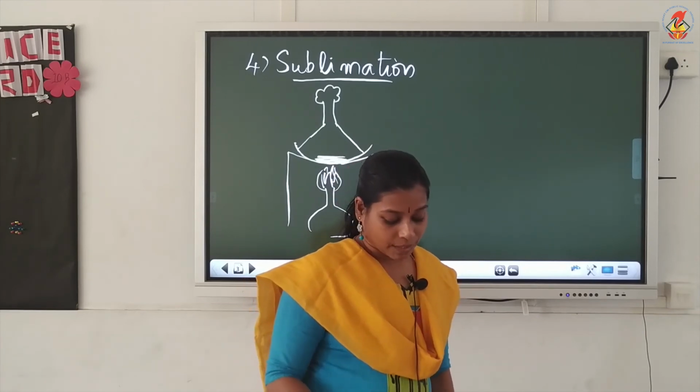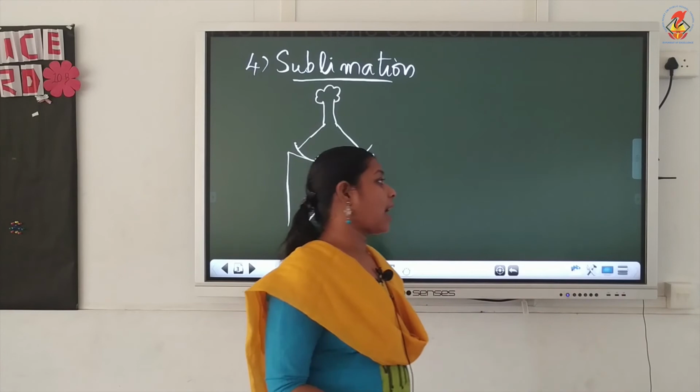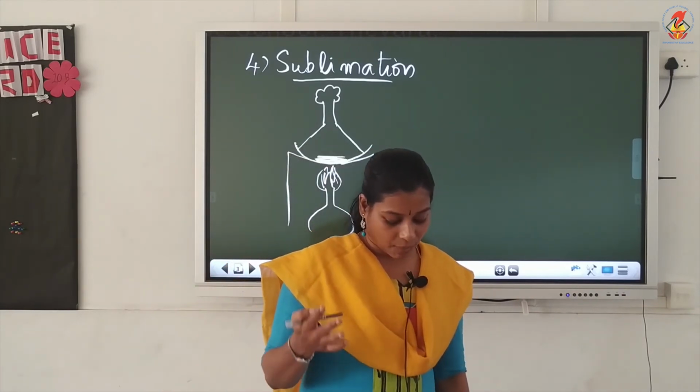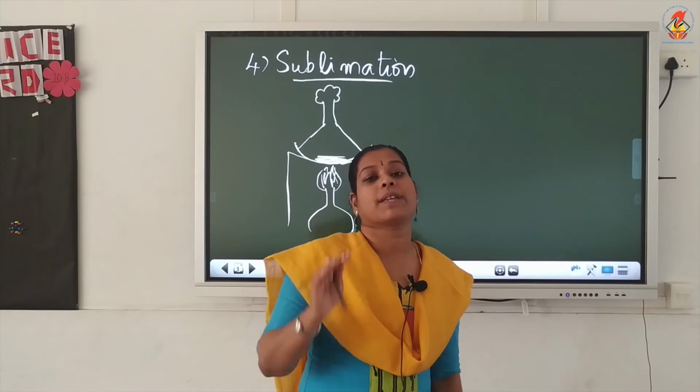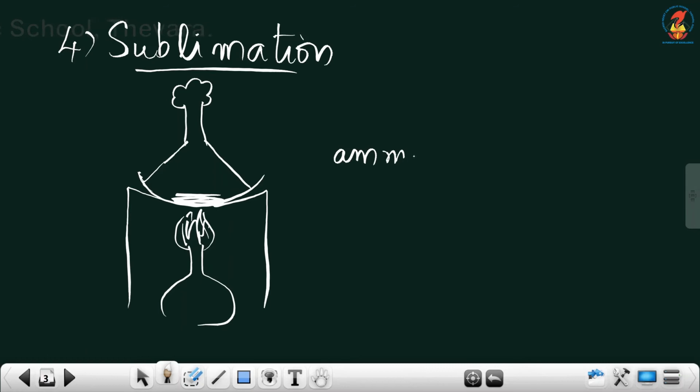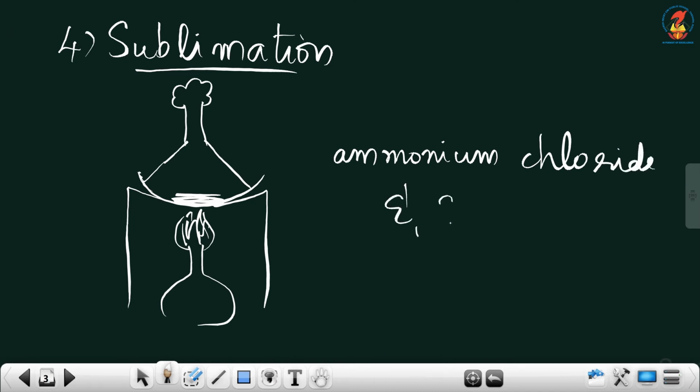Here also we can take either camphor or ammonium chloride or any other mixture. One component of that mixture should be sublimable. Here we can take a mixture containing salt and ammonium chloride.